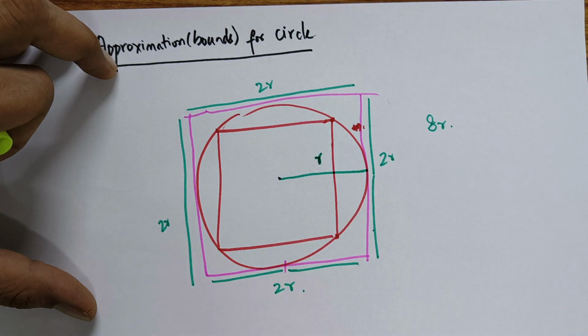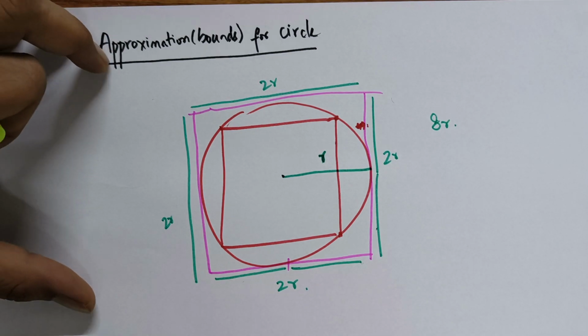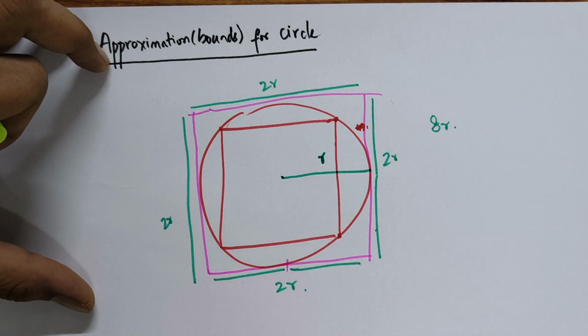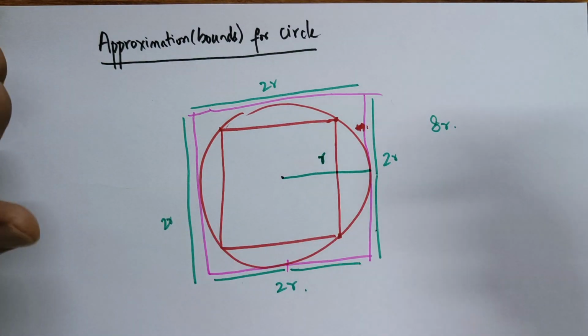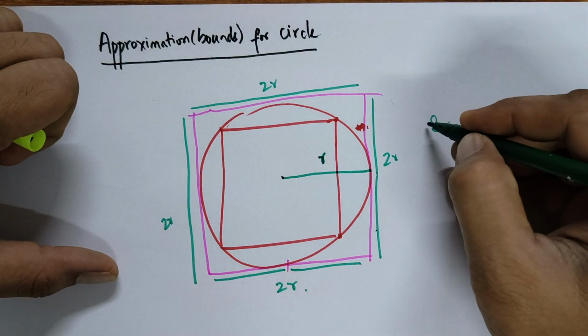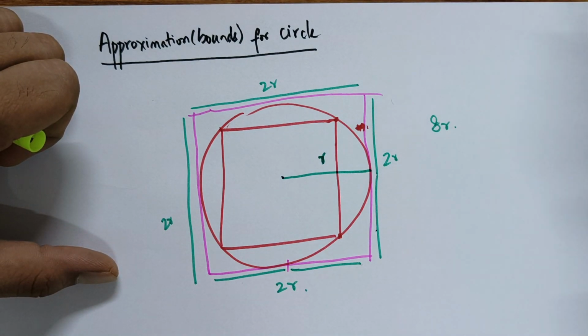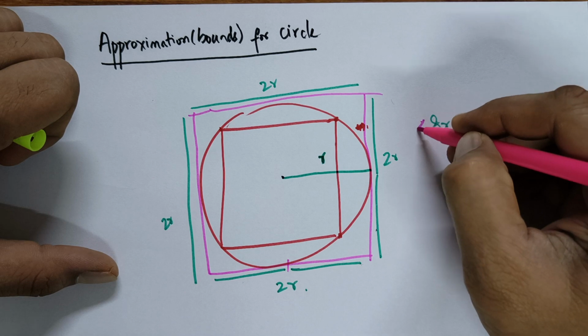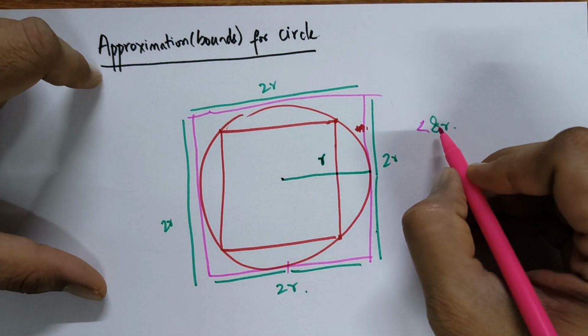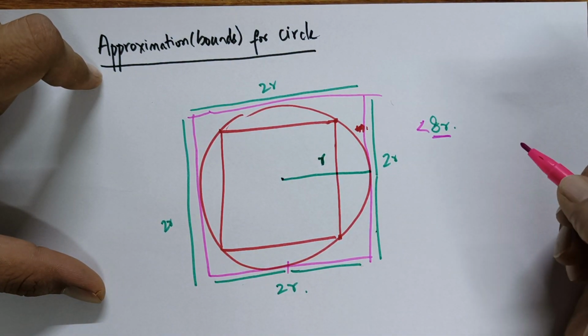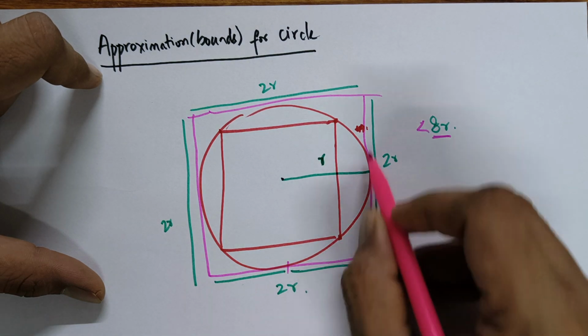So we know that the perimeter of the circle has to be less than this 8r, coming from the perimeter of the big square, right?